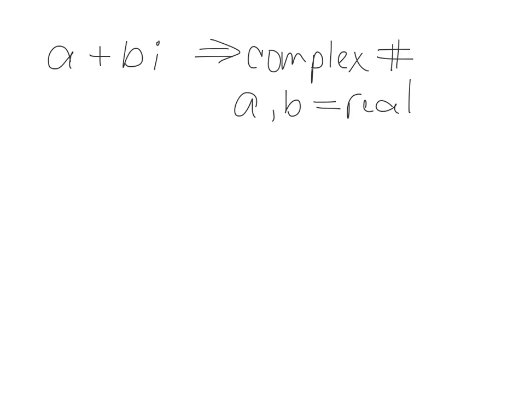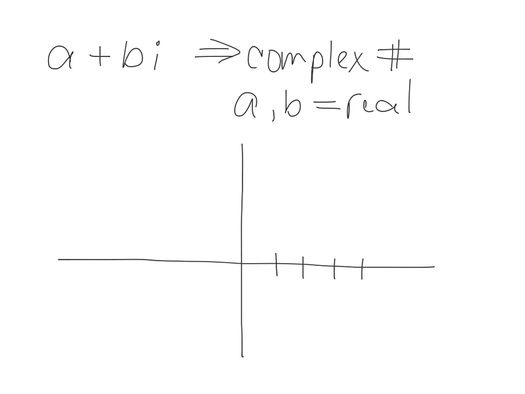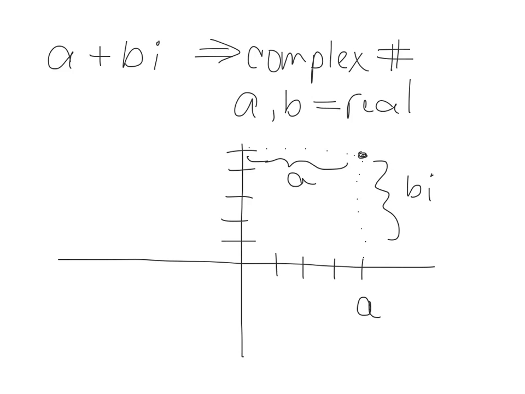Just like we can represent real numbers on a number line, I can actually represent complex numbers in a different coordinate plane. So if we're just going to say a plus bi, if I go over a, here is going to be the distance a, and here will be the distance bi, with this dot representing a plus bi.